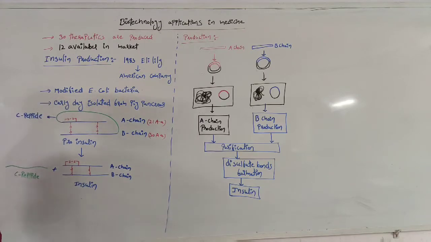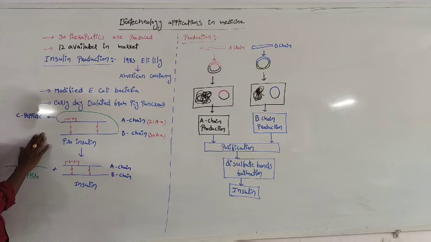We know the activation of proteins takes place within the Golgi complex. So the activation of pro-insulin into insulin also takes place in the Golgi complex. Post-translational modifications take place within the Golgi complex.